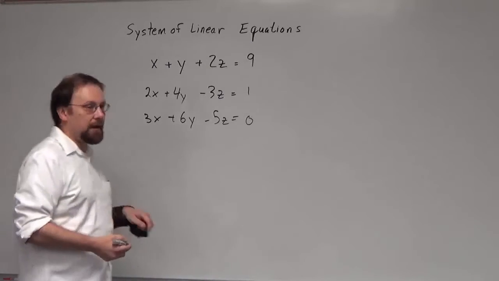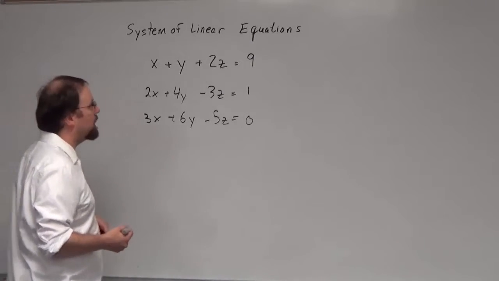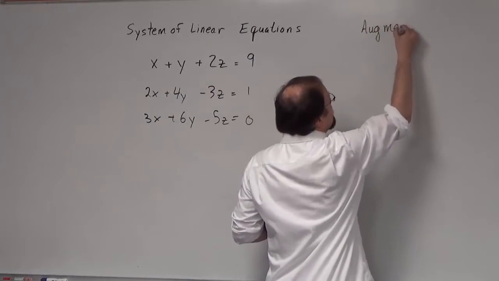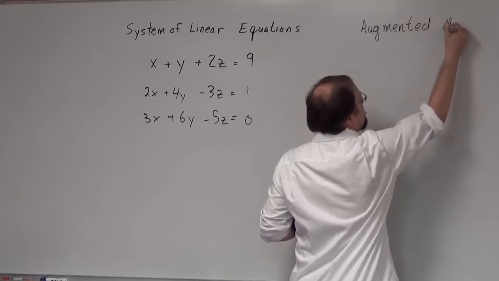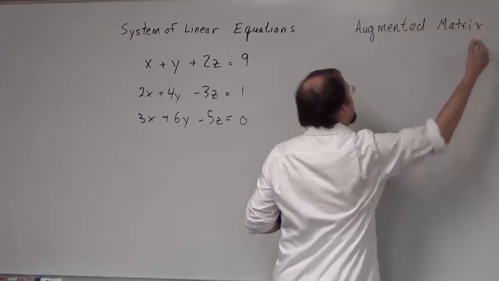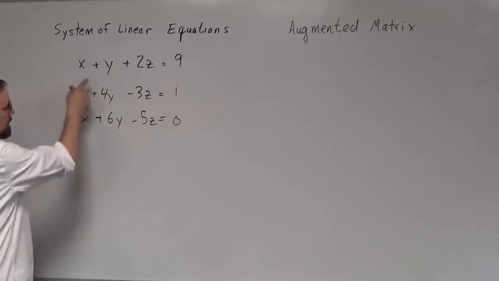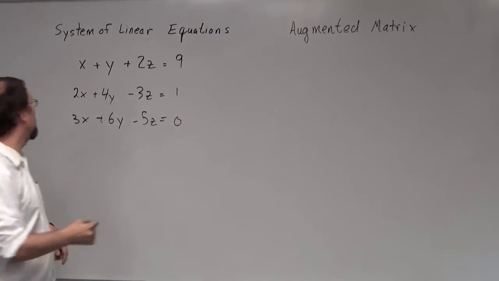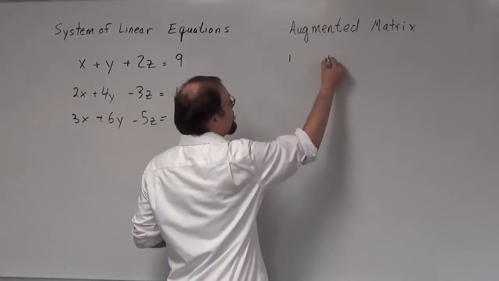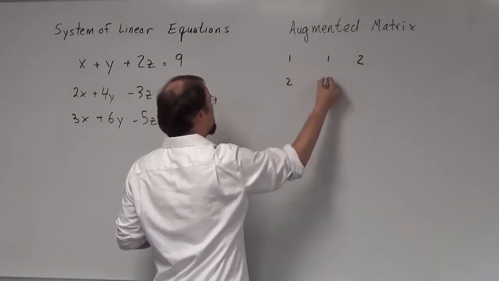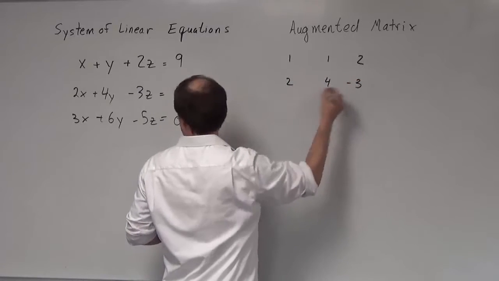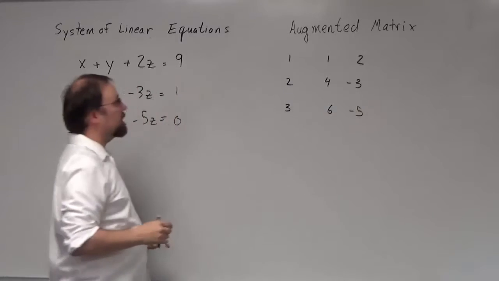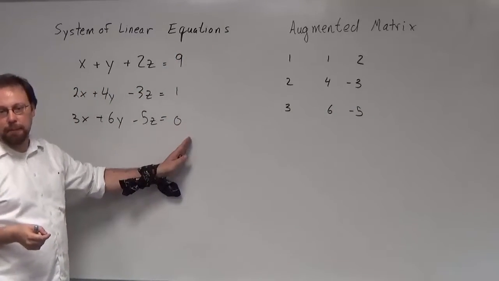And so the shorthand for manipulating the system was the augmented matrix, where we took the matrix of coefficients, those are the coefficients multiplying my variables, put them in an array, and then augment that with the right-hand side of my equations.